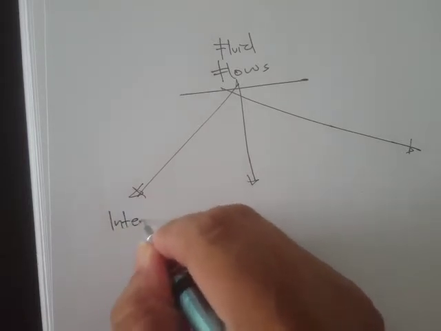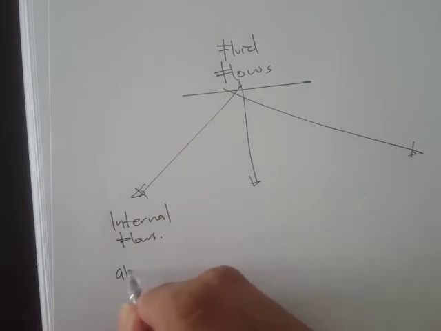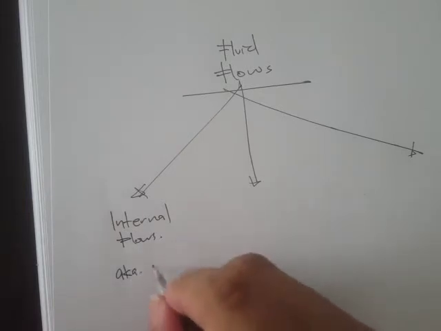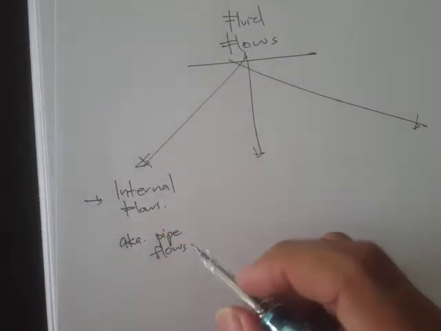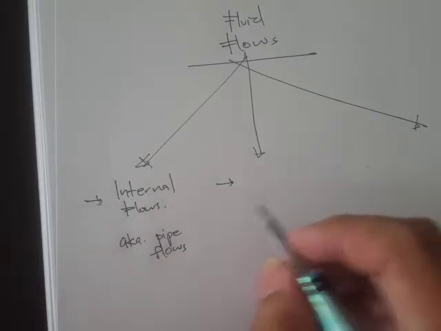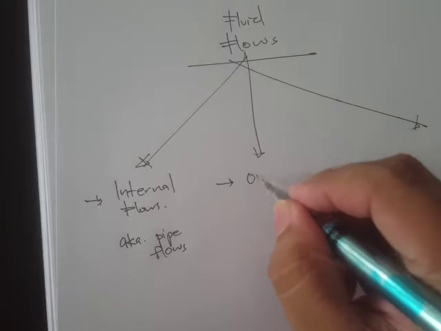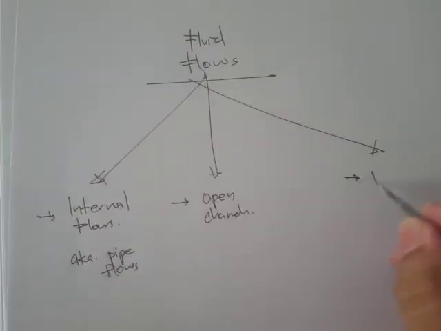The first one is the internal flows, also known as pipe flows, although later we will discuss the precise description of this because it's not about the geometry of the conduit. The second one is the open channels. Then the third one is the external flows.